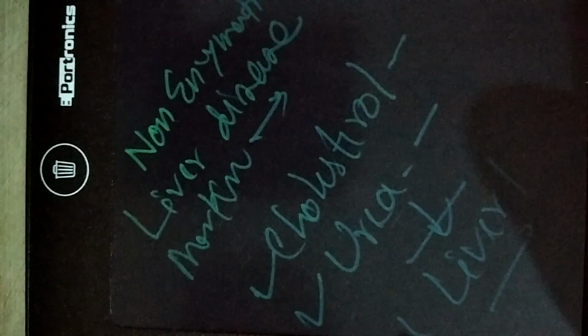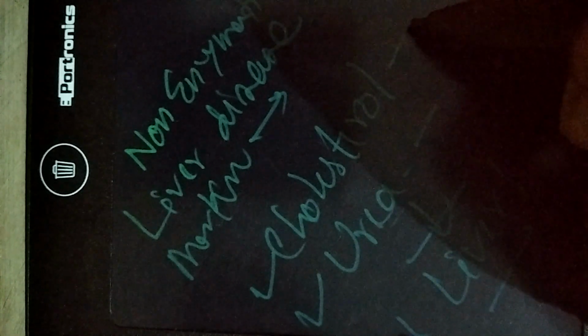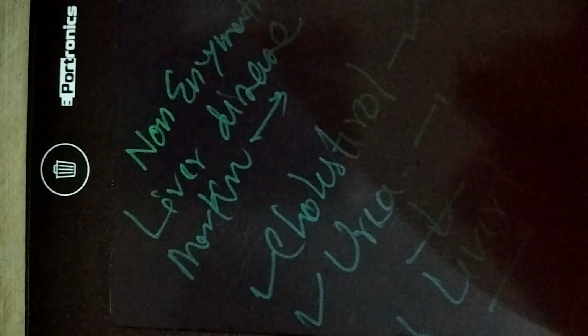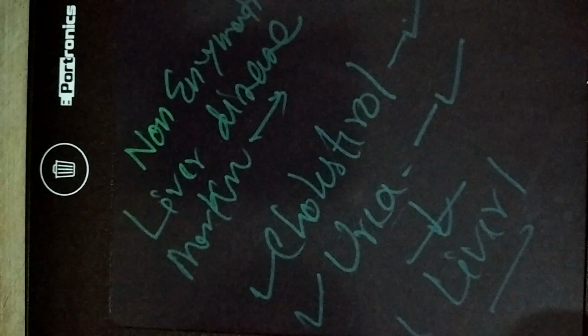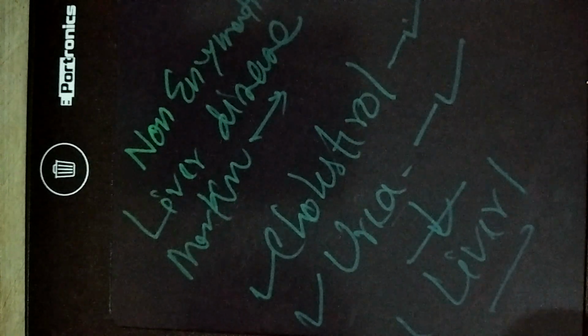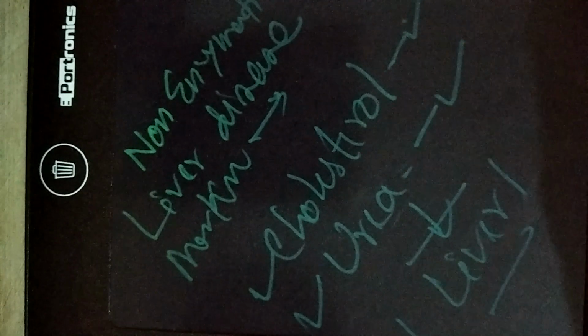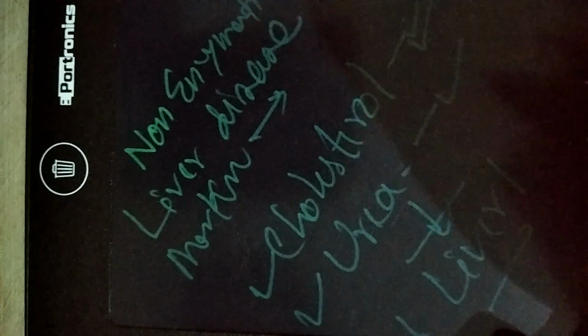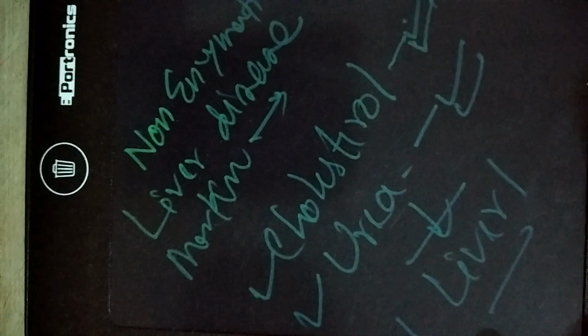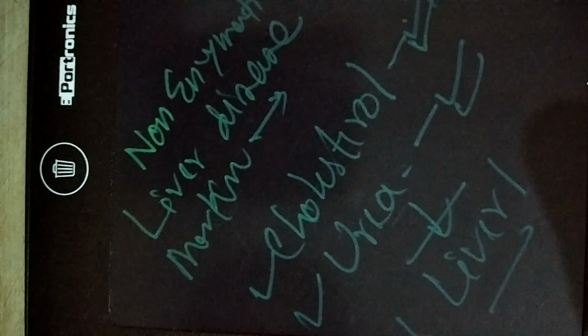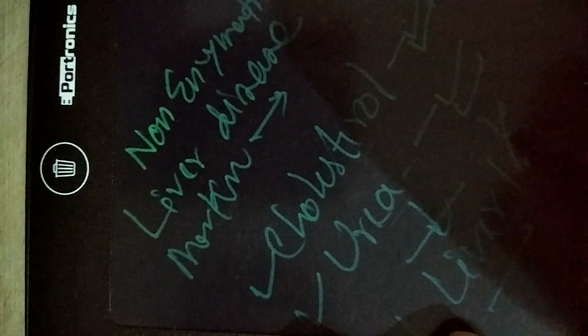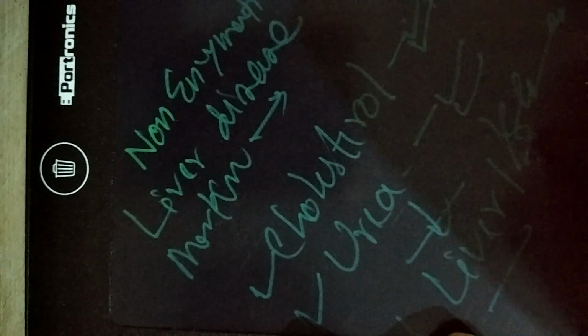So, if there is any abnormality of liver, what will happen? There will be abnormal levels of cholesterol as well as urea. Therefore, in order to identify the condition of liver, we have to study many things, all the enzymes, as well as we can also use cholesterol and urea as markers for liver function. Okay, this will be enough for today's class.